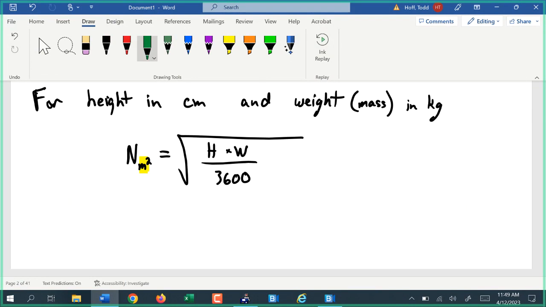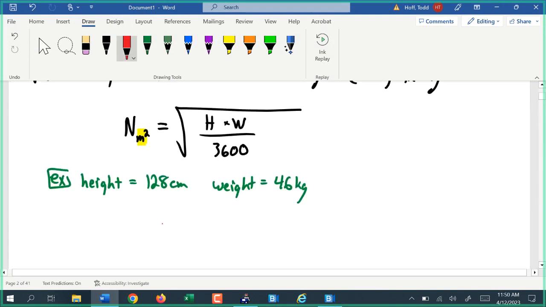So let's use an example here. And for our example, we're going to plug in a patient who comes in with a height of 128 centimeters and a weight of 46 kilograms.